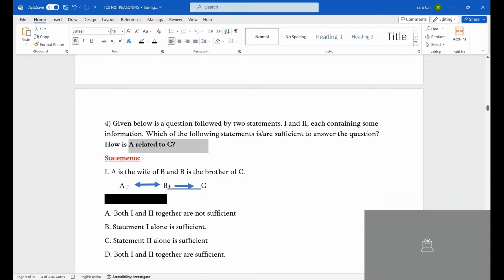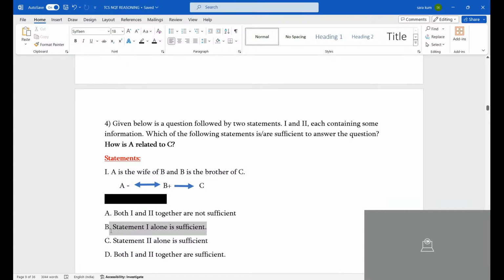B is the brother, and the brother's wife will be sister-in-law. Correct. B is the brother for C, right? So your brother's wife must definitely be sister-in-law. So one alone is definitely sufficient. So you could say statement one alone is sufficient. This is the correct answer.